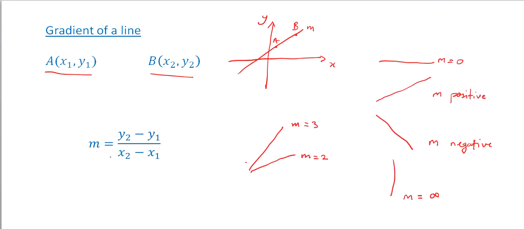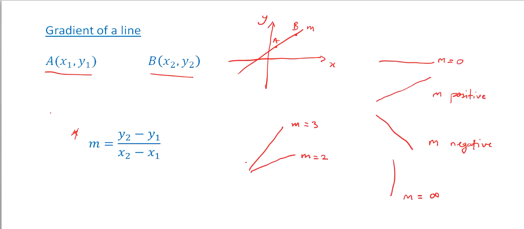Then the gradient is given by y2 minus y1 over x2 minus x1. Now you need to remember this formula, and just remember it's the difference of the y coordinates on top divided by the difference of the x coordinates at the bottom.